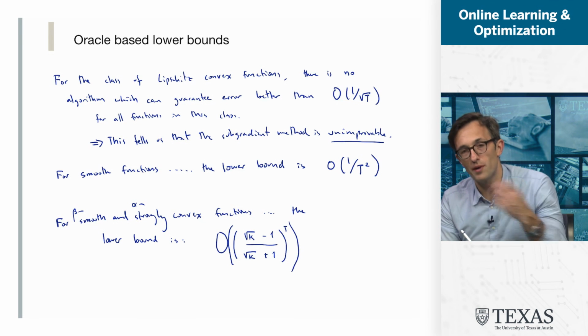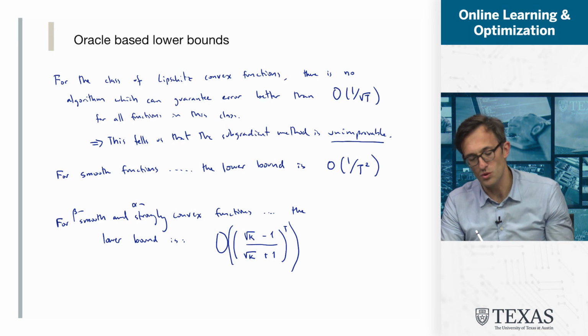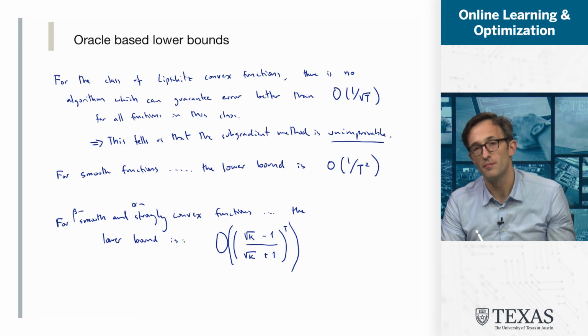So we should compare this to our result for gradient descent, which was kappa minus 1 over kappa plus 1.